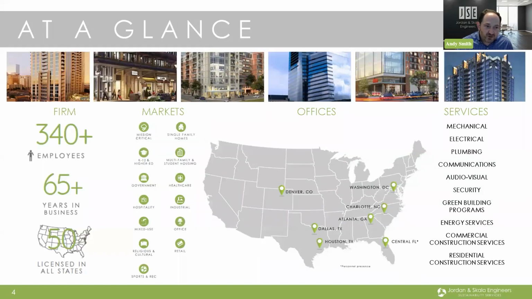So a recap of who we are: Jordan and Scala, we're a relatively large firm. We were founded in 1953, and we're recognized as an MEP giant. We offer MEP consulting services. So we do the things that make buildings work, as you know: lights, bathroom plumbing, you name it, air conditioning. But what a lot of people don't know about Jordan and Scala is we offer other services like low voltage.